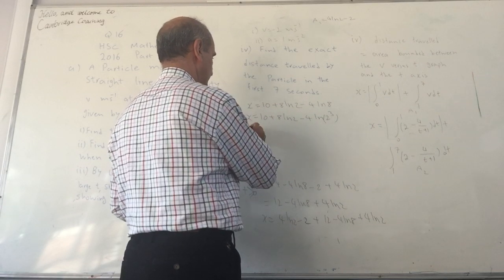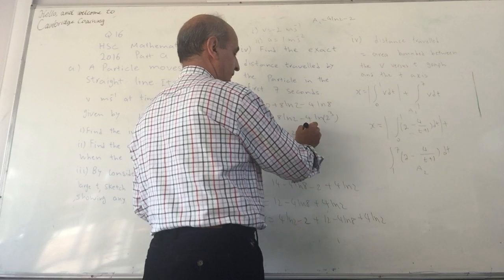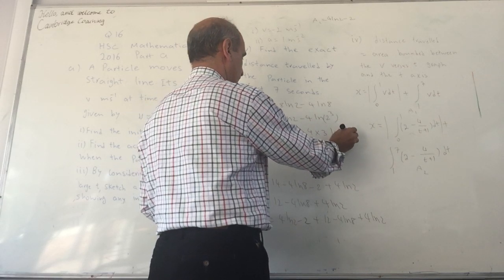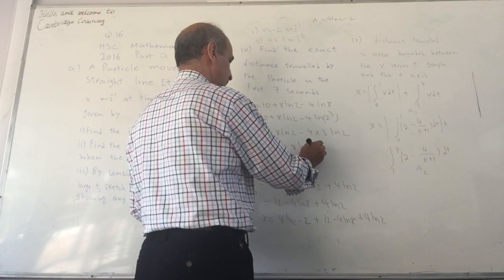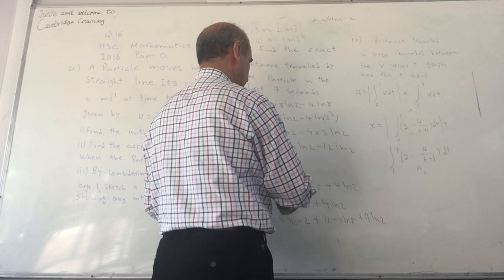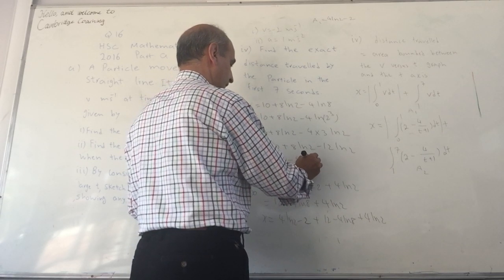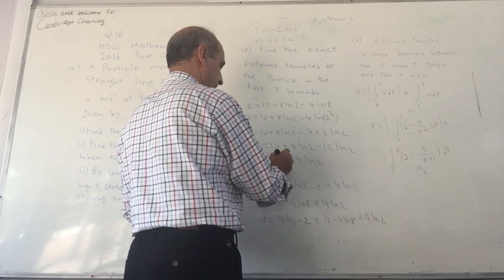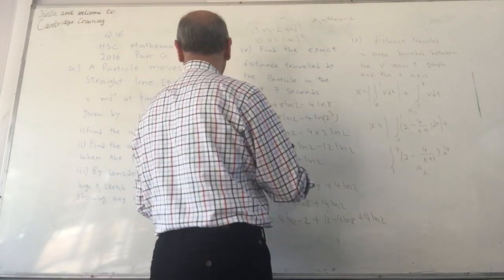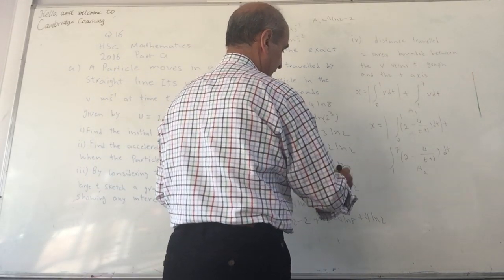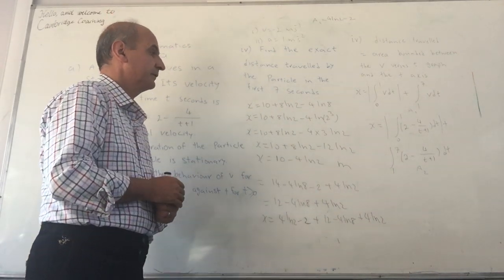So you end up with x equal to 10 plus 8 ln 2 minus 4 times 3 ln 2. That gives us 10 plus 8 ln 2 minus 12 ln 2, so x is equal to 10 minus 4 ln 2. That is the displacement or distance traveled in the first 7 seconds, in meters, because the velocity was given in meters per second.